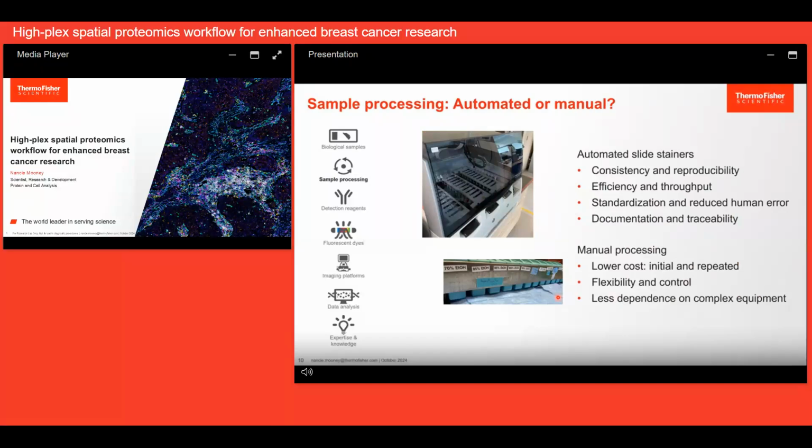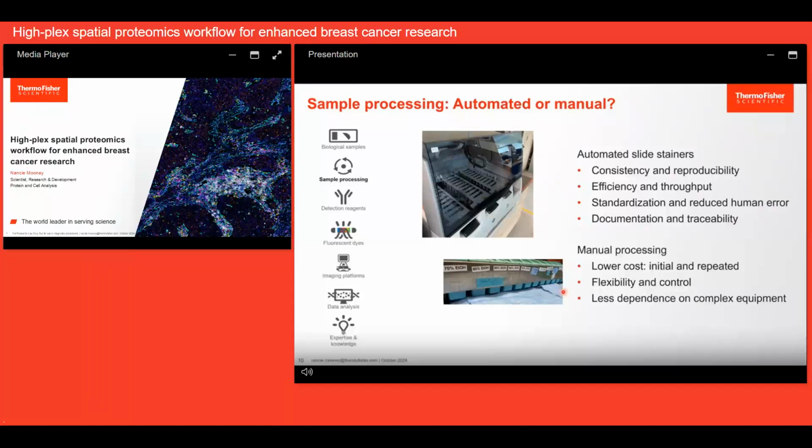When it comes to sample processing, are you going to be using an automated or a manual system? In this case, I used a Leica Bond automated slide stainer, an RXM system actually. The nice part about the automated slide stainers is that they can be consistent and efficient, and they have standardization and help reduce human error. However, they can be pretty expensive, and as a complex system, sometimes there are complications.